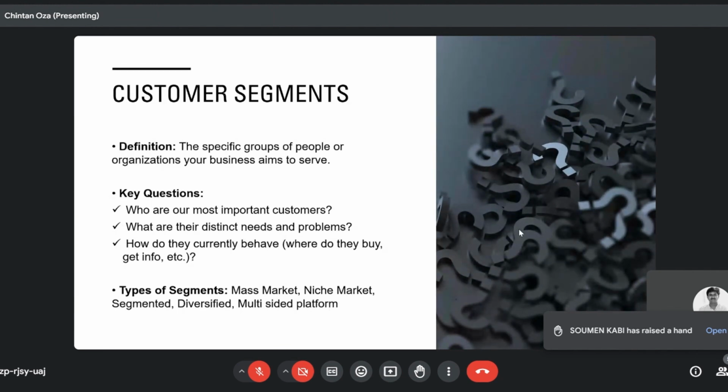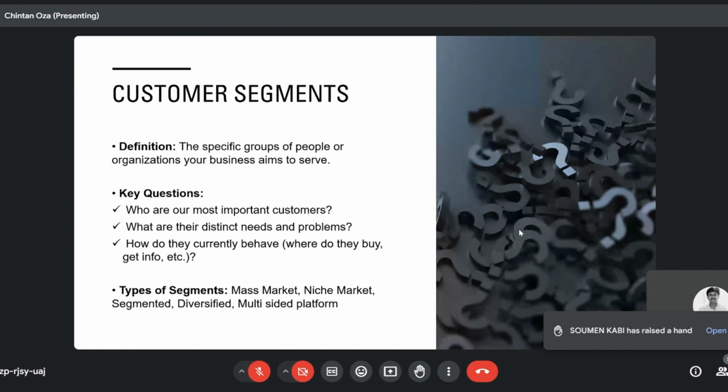How can these customer segments be identified? Either they would be for mass market, or for some specific market, like a niche market like Tesla. It would be segmented in multiple fronts, like a single product applicable for multiple people, like toothbrush. It's a segmented market.